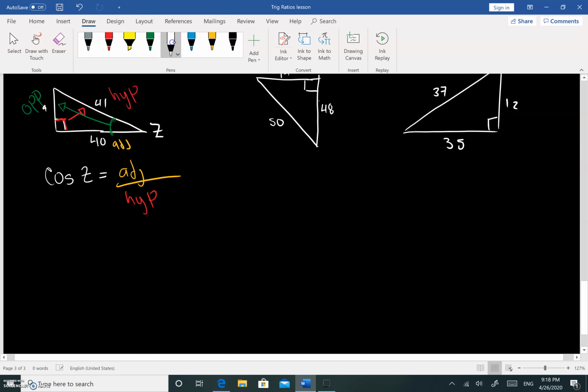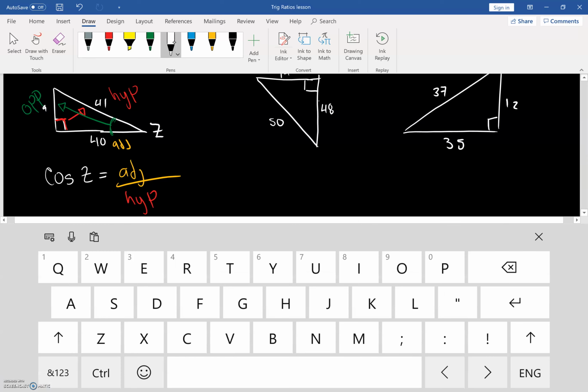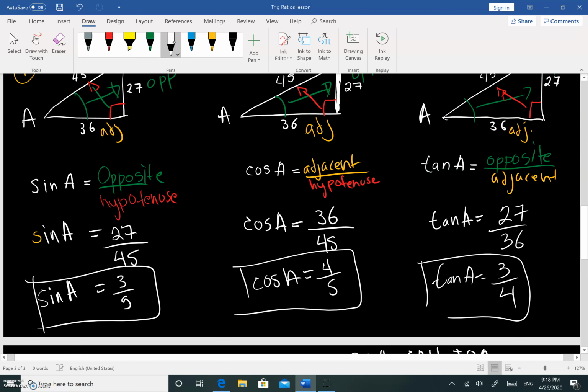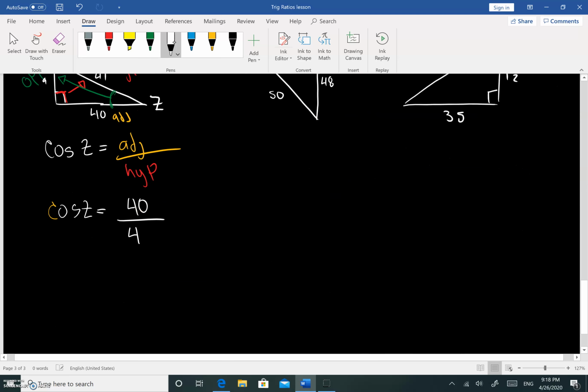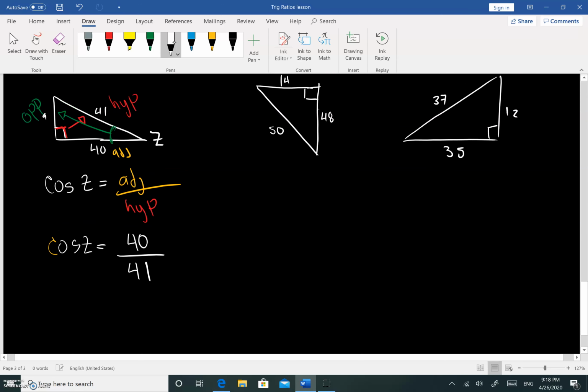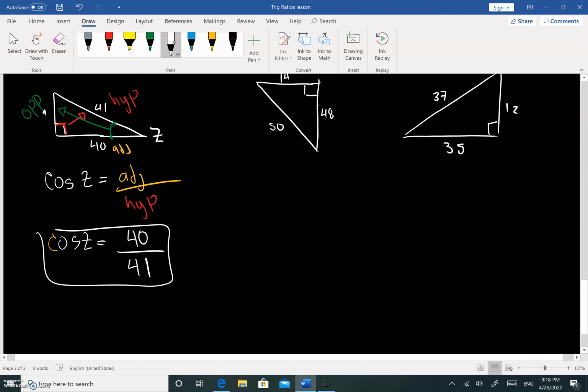So therefore, cosine of C is going to be equal to 40 divided by 41. Sorry about the keyboard keep on popping up. So that's going to be 40 over 41, and that's it. We're done. So it's going to be my answer.